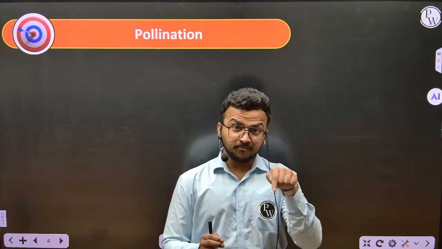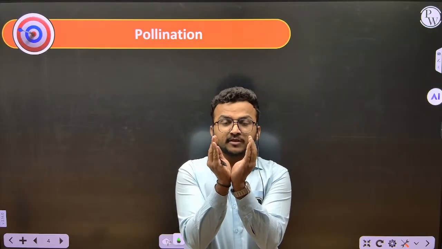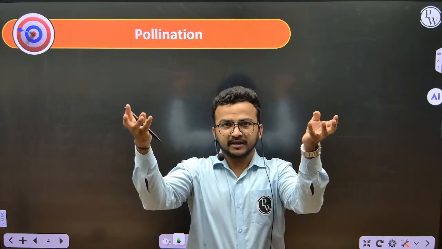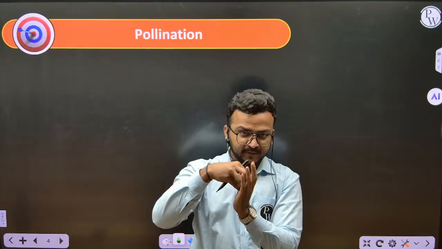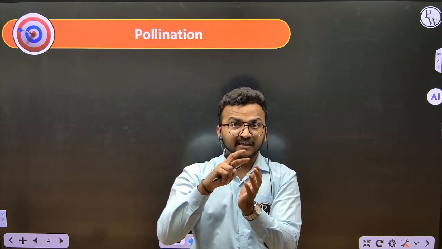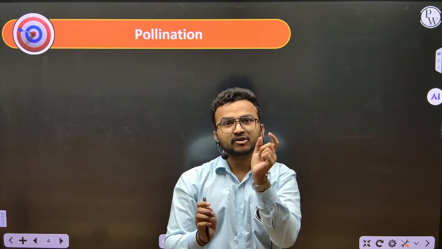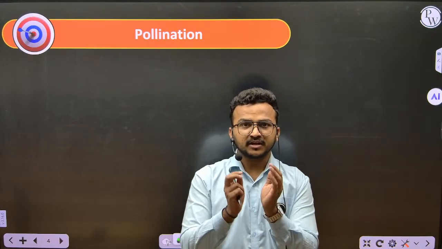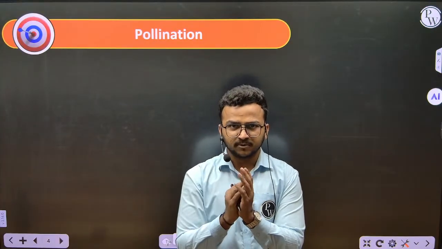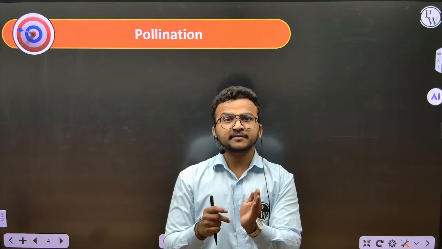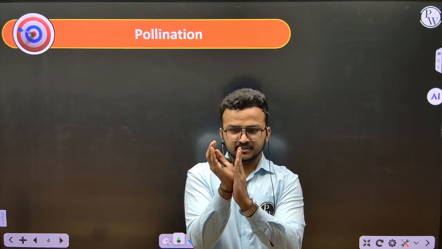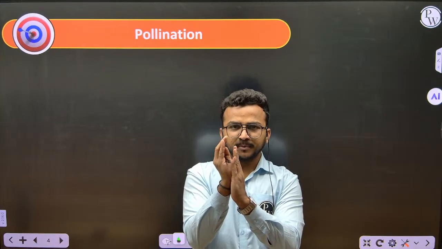In case of self-pollination or autogamy, two conditions are required. The release of pollen grains and the stigma receptivity should occur at the same time, which we call synchrony of stigma receptivity and release of pollen grains. Both should mature at the same time, then only self pollination will take place. The other condition is that the stigma and the anthers should be close together.